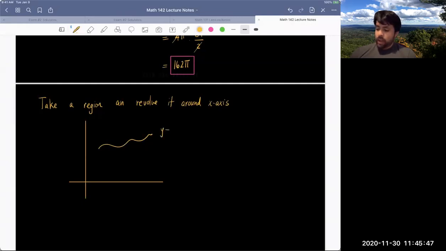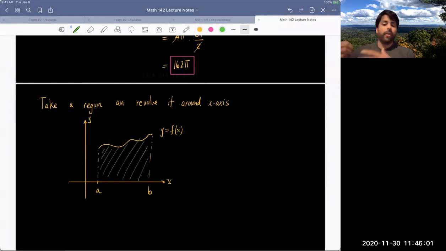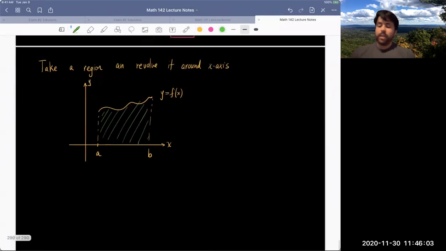So if I say this is y equals f of x, this is y and this is x. And I want to take the piece from A to B, and I want to take this region here. If I want to figure out the volume of the solid that's created after I revolve it around the x-axis, what would the volume be?